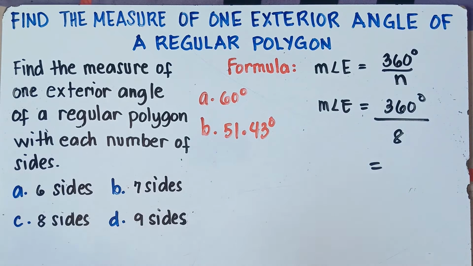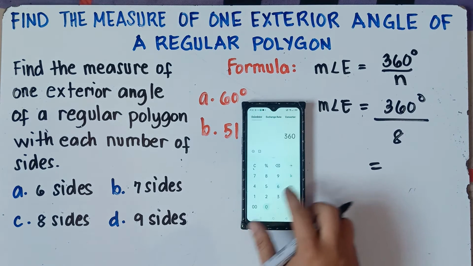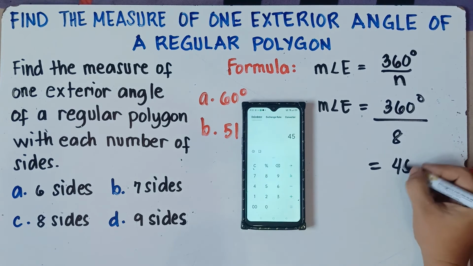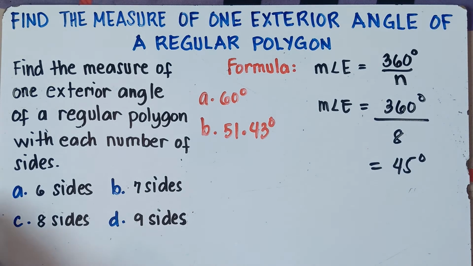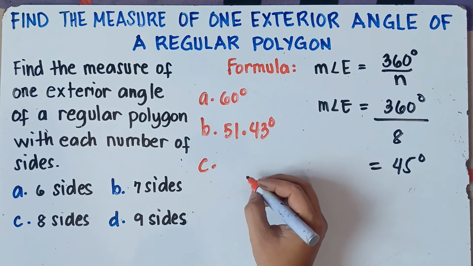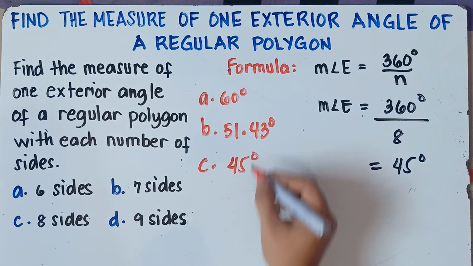So 360 divided by 8, you will have 45 degrees. Alright, so letter C, each exterior angle is 45 degrees.